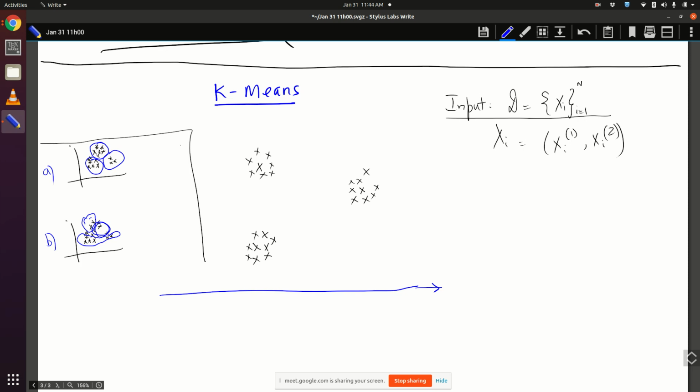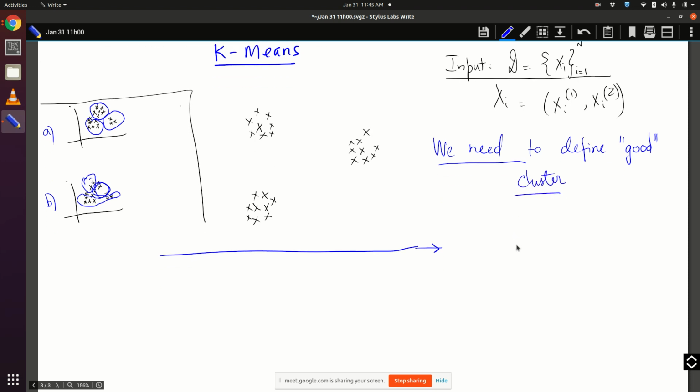So what we need is a measurement, we need to define what is called a good cluster. If we define that, it will answer whether A is better or B is better.